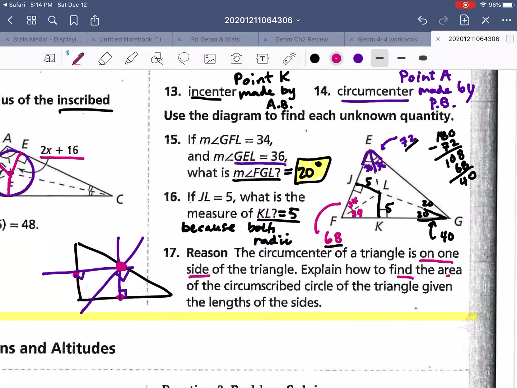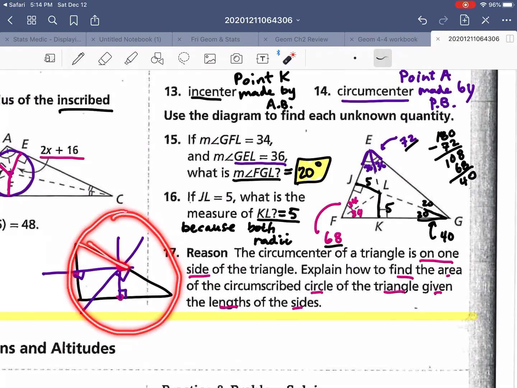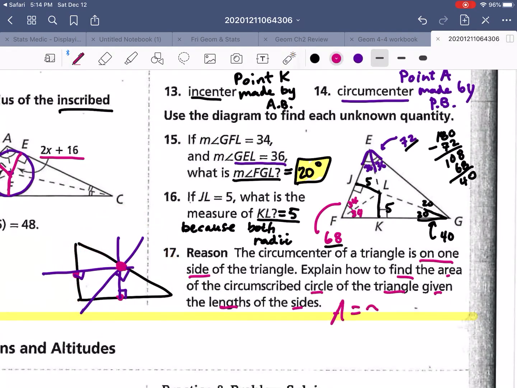Explain how to find the area of the circumscribed circle of the triangle given the lengths of the sides. What would be the area of the circle? Well, the area of a circle is pi r squared. So what's r? This would be r. How would I figure this out?